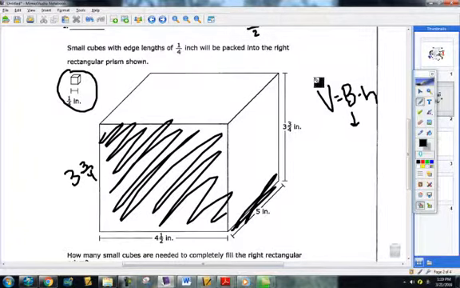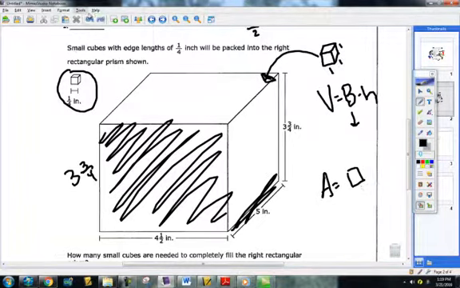Because when you find volume, remember what volume is: I want to know how many of these, 1 by 1 by 1 cubes, would fit in there. That's what volume is. Just like area is how many 1 by 1 squares would cover something. Volume is how many 1 by 1 by 1 cubes.